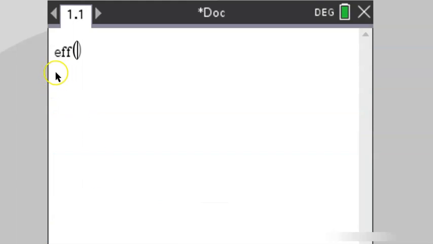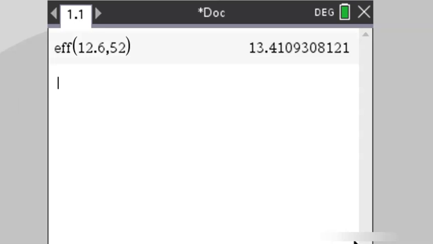It will bring up in my calculator that little EFF, so you can actually type that as well. The first loan was 12.6% per annum, compounding weekly. So we put in our rate, comma, the number of compounding periods. If we press enter, we get an effective rate of 13.41.